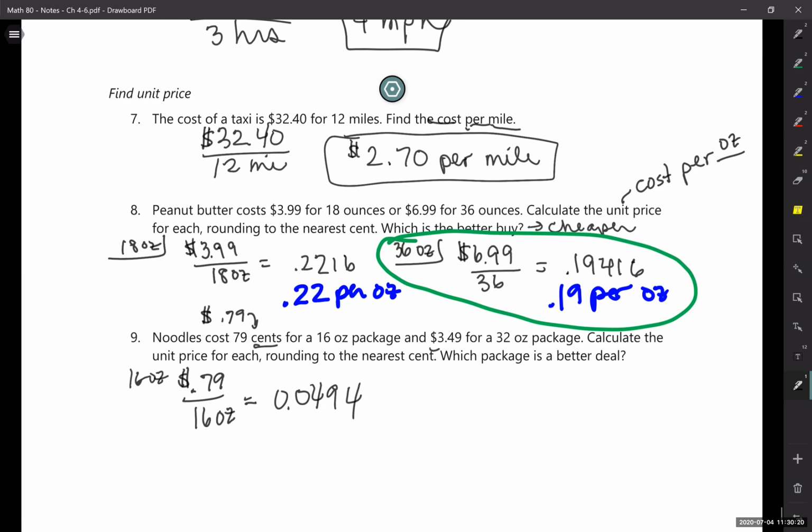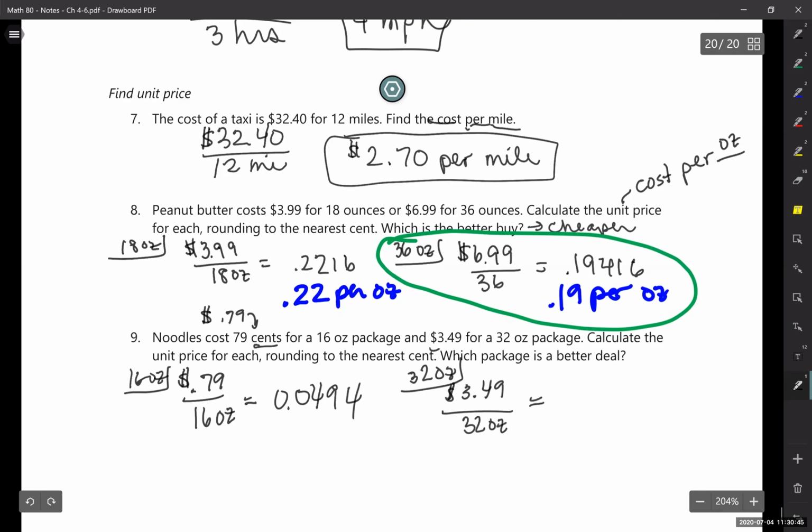And I'm going to do it for the 32-ounce package. Now, some of you go shopping enough, you could probably just look at this and see one's better deal. But some of you go shopping, you don't care. So either way, let's make sure you know how to do it. So this next one is $3.49 per 32 ounces.